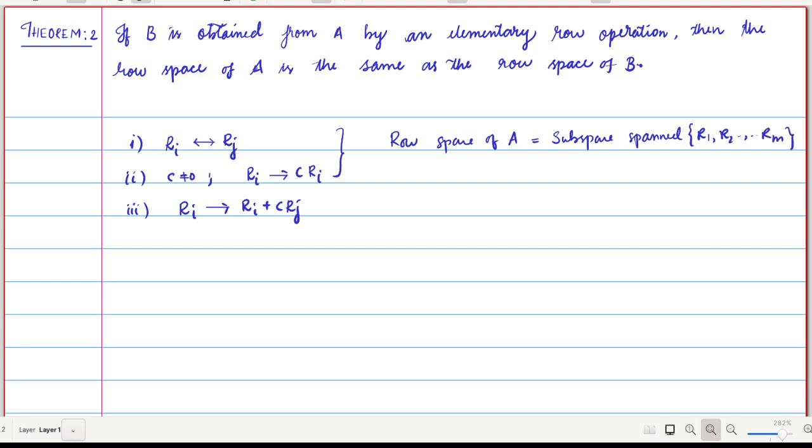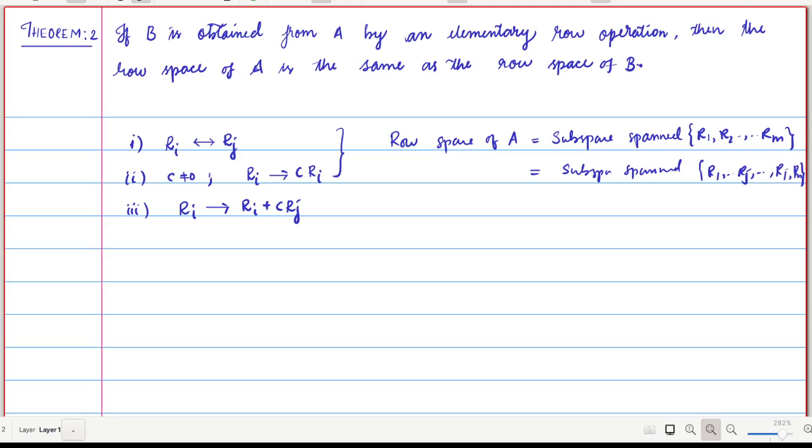So if these are the rows of A, then the row space of A is the subspace spanned by these rows. Okay, so when you interchange the ith and jth rows, that is the same as the subspace spanned by R1, etc., where you replace the ith row by the jth row and the jth row by the ith row. So that will never change the span. Okay, so this will give you the same span.